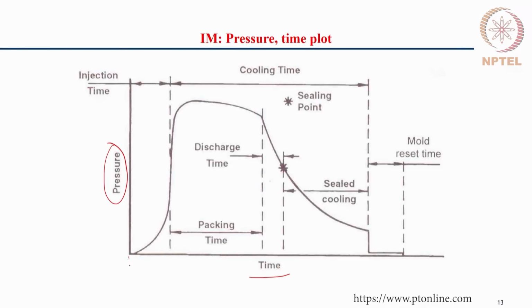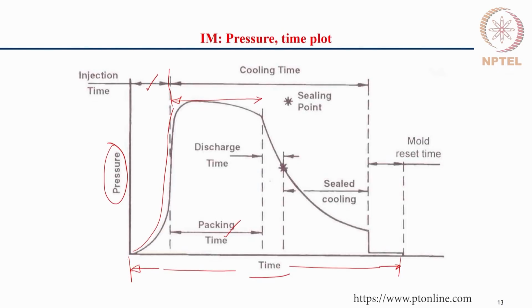So, what we see here is one full mold cycle which consists of the first part, which is the injection time where the pressure gradually increases, and then the material fills the mold during this time, which is called the packing time.